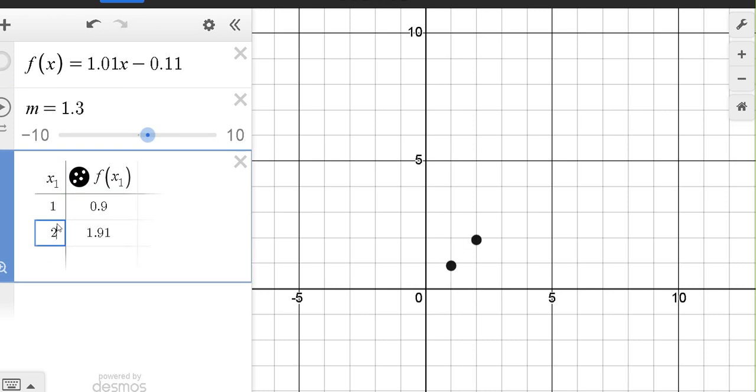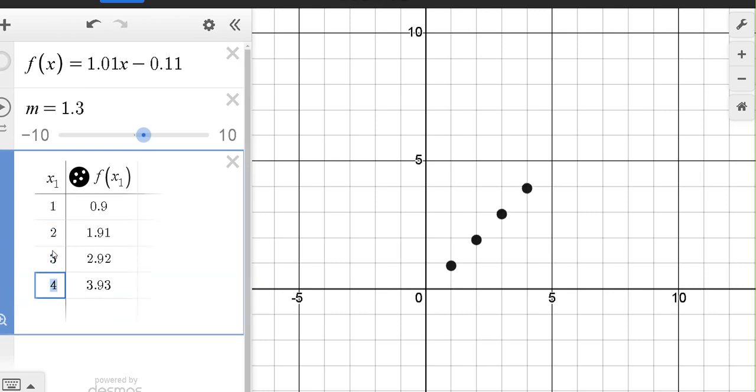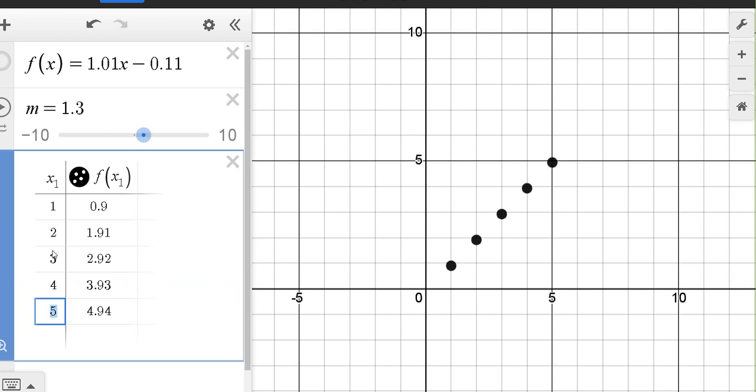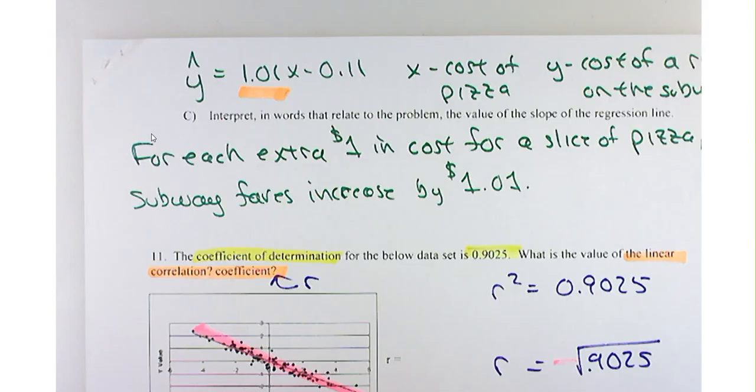If I go to 2, f of 2 is $1.91. F of 3, f of 4, f of 5, it keeps on going up by $1.01 each time. So what's happening is as you add 1 to the value of x, you're adding 1.01 to the value of y. Oh, I saw your 1.01 when I put in the one, I got 0.9, I got confused. Okay, that's a different one. All right, appreciate you asking.